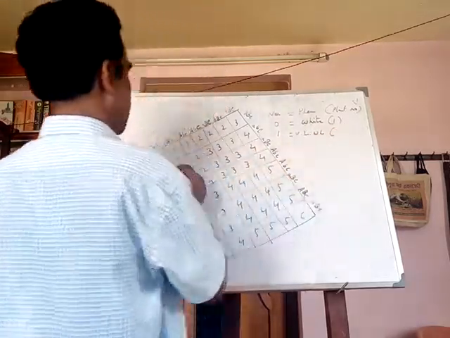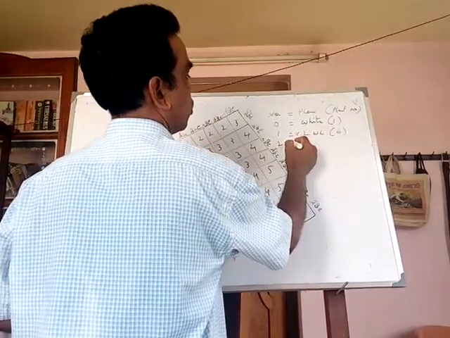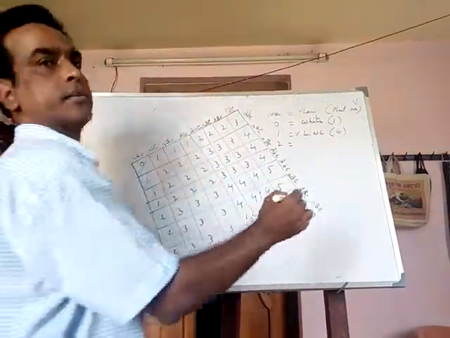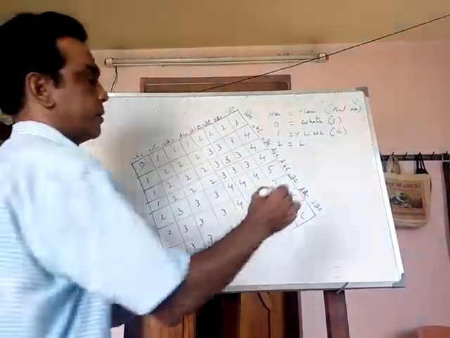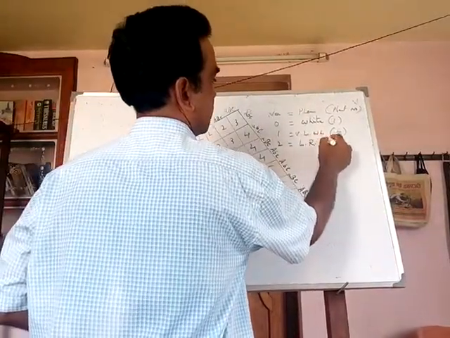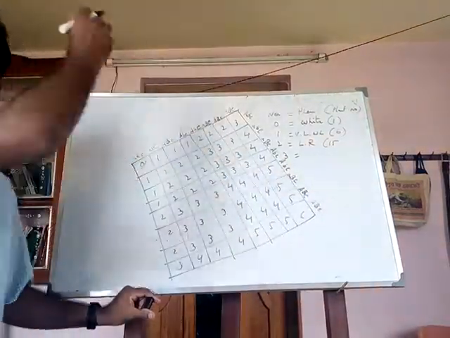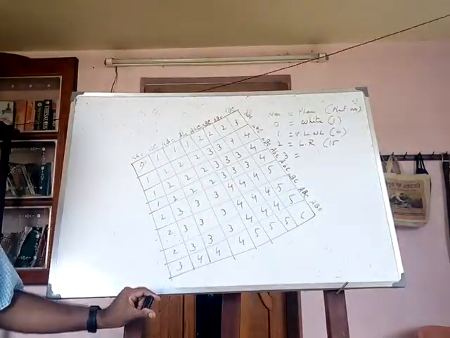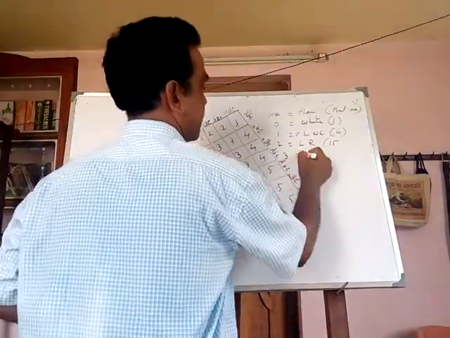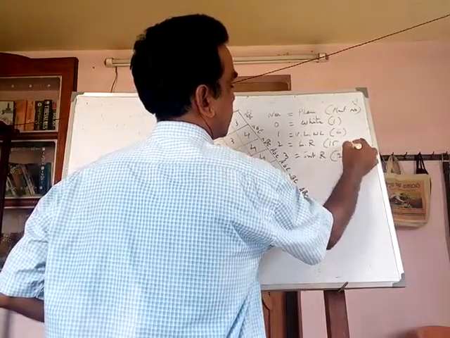Number 2, it is light white, light red, that is 15. Number 3, it is red, only intermediate red, that is 20.